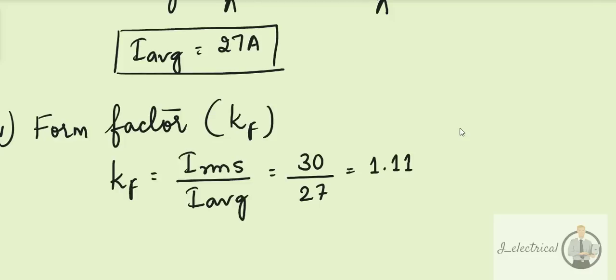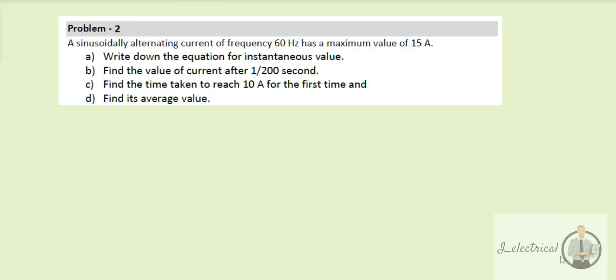Next, we look into one more problem. We have a second problem for which we have to find the solution. The problem is: a sinusoidally alternating current of frequency 60 Hz has a maximum value of 15 amps. First, you need to write down the equation for instantaneous value.